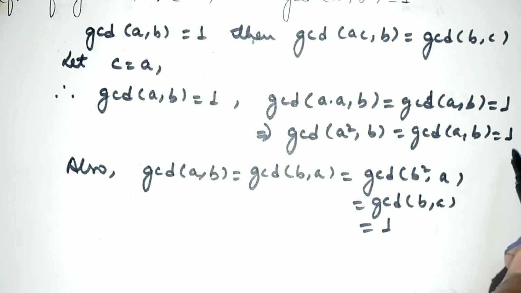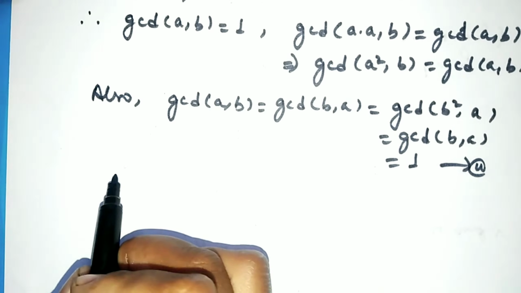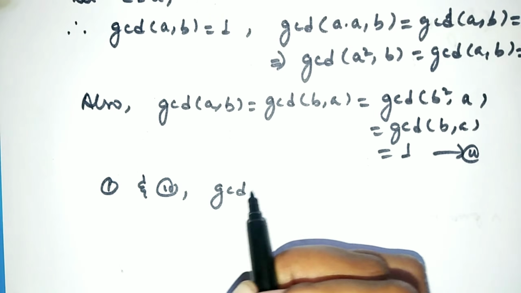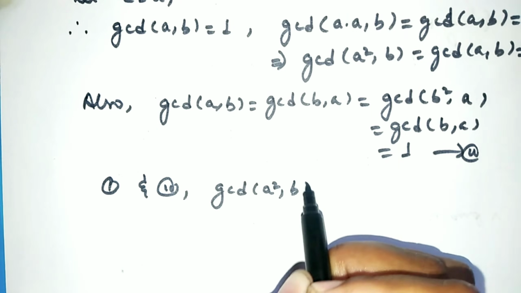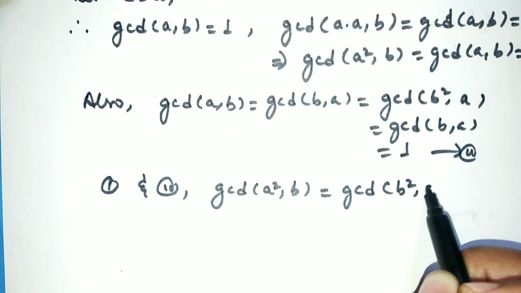Okay, so from here we see that from 1 and 2, GCD of A square and B is the same as GCD of B square and A.